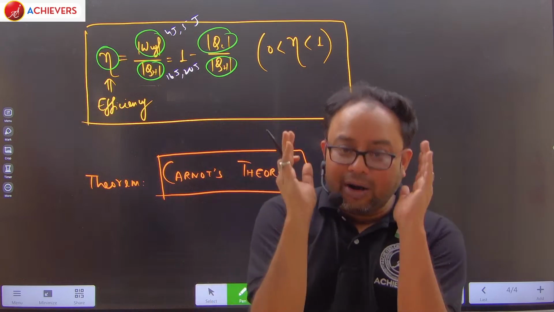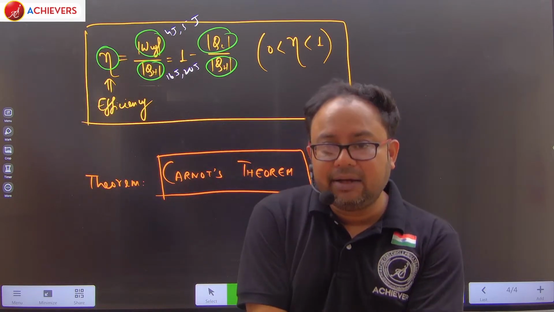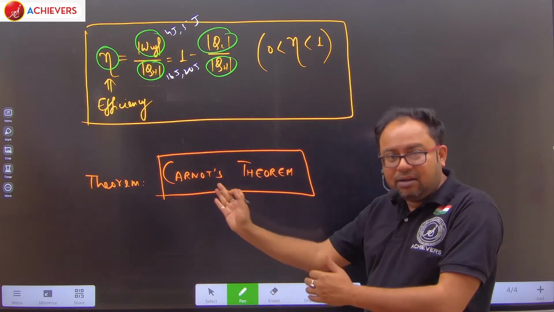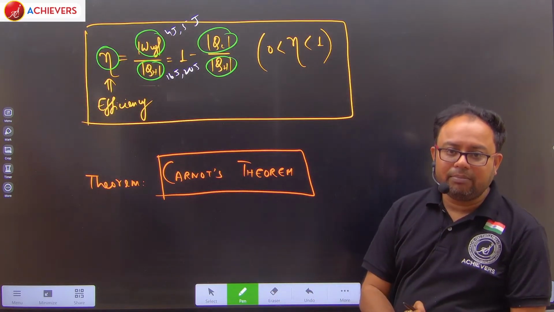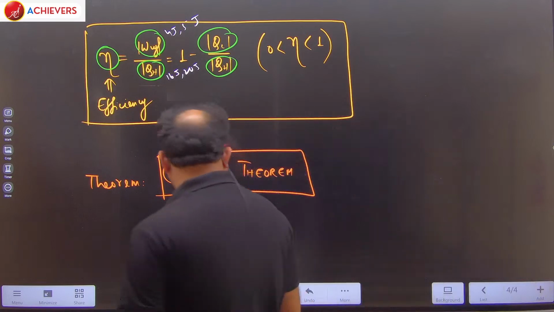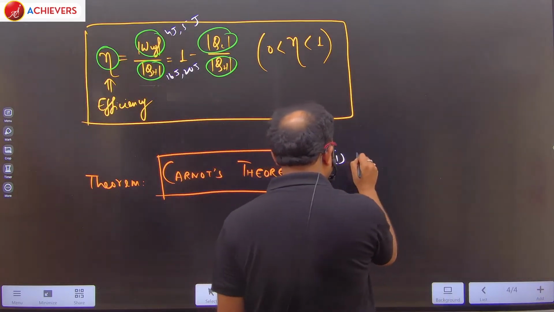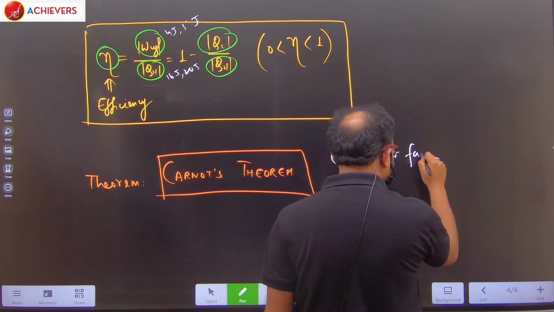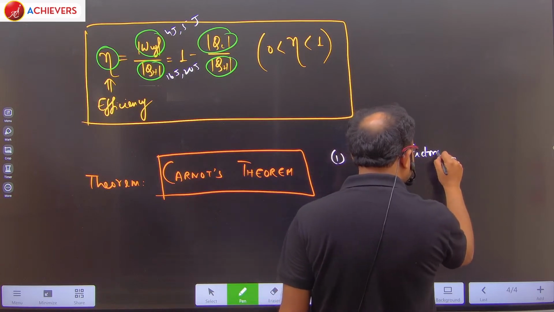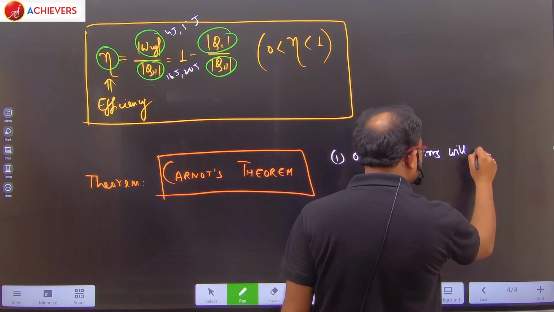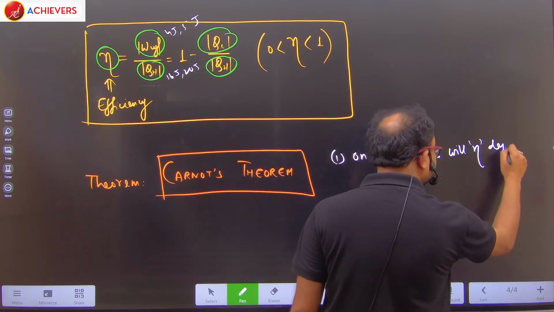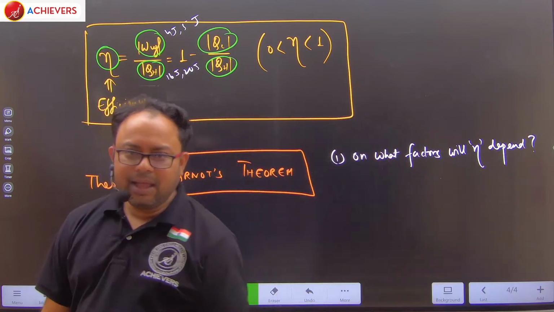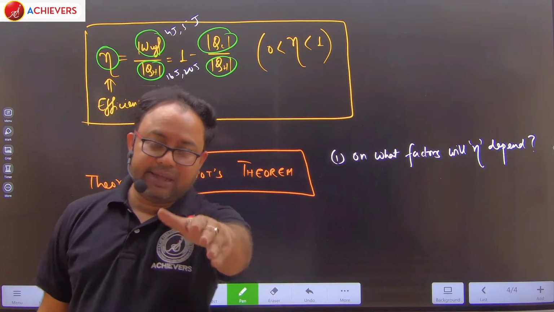So this knowledge must be borne in mind before plunging into the analysis of Carnot's theorem. In Carnot's theorem, the very first point is: on what factors will eta depend? And my dear students, you have to think out of the box.